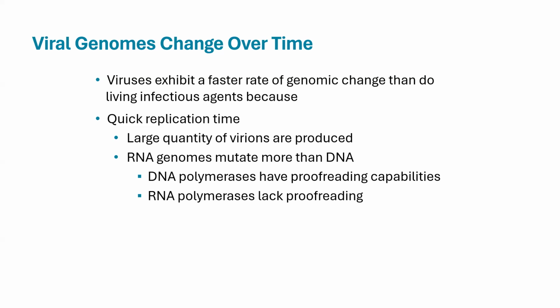Each cell that's infected can produce many individual virions. And if the genome happens to be made of RNA, they typically mutate more than DNA. That's because, as we talked about before, DNA polymerases have a proofreading capability, but RNA polymerases do not.